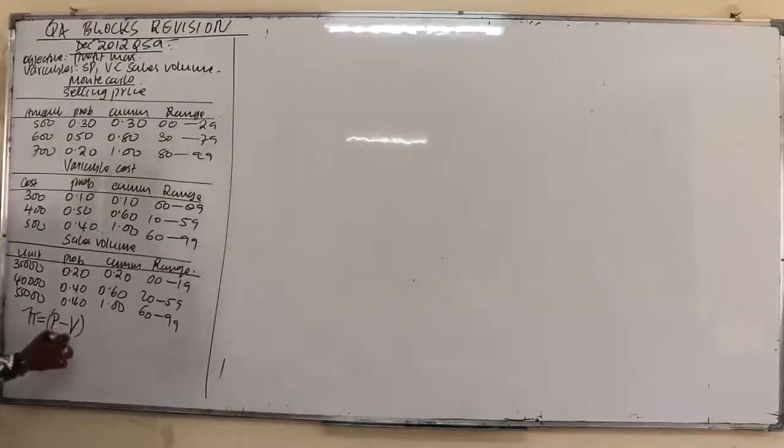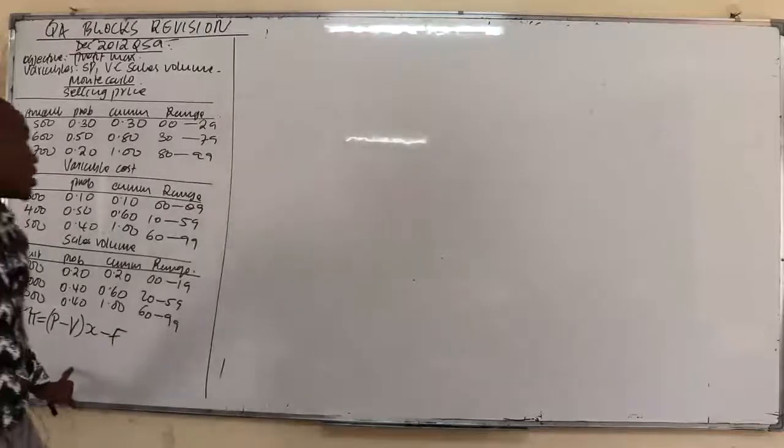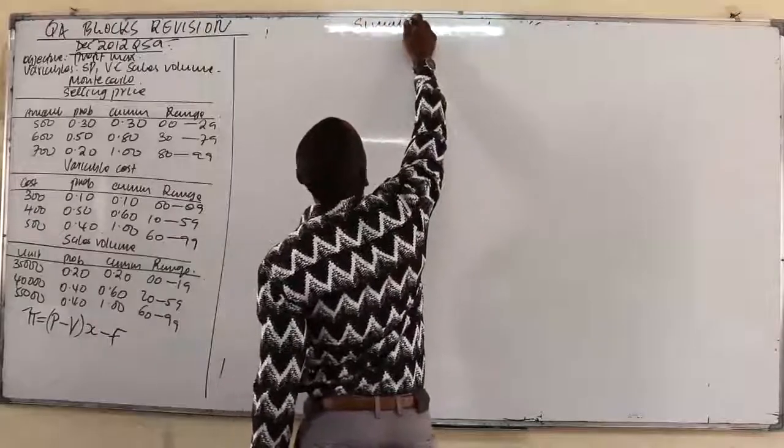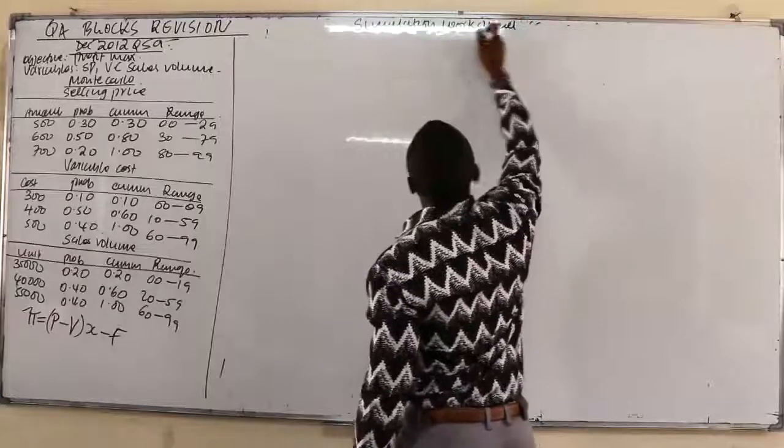Then you multiply by the number of units sold so that you get the total contribution margin. And then you less the fixed cost. So that's how your simulation worksheet will look. So let's develop the simulation worksheet or simulation table.